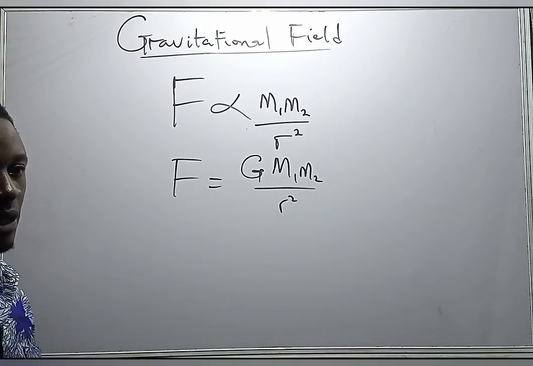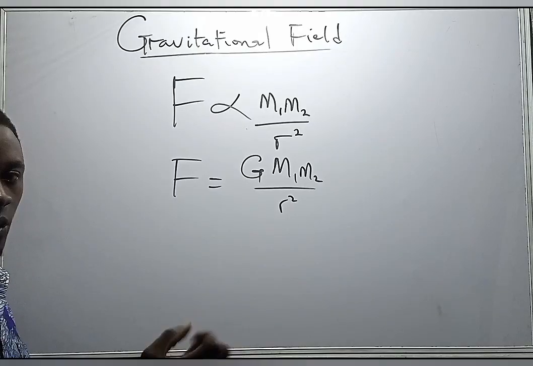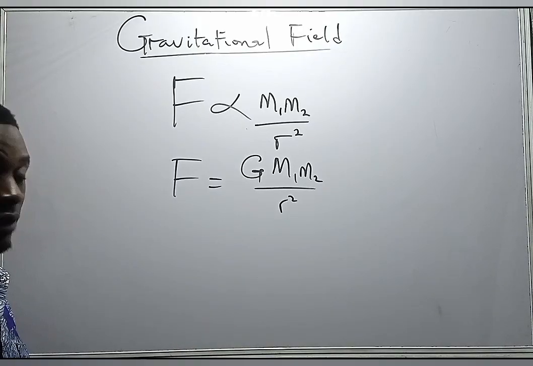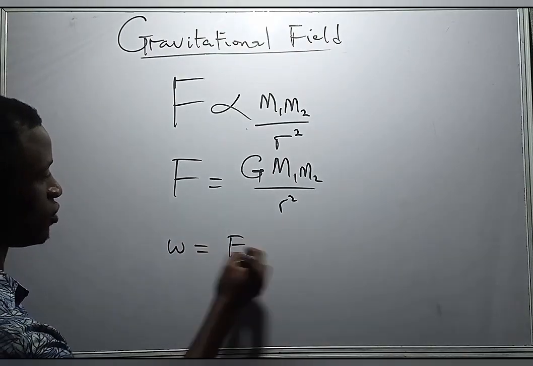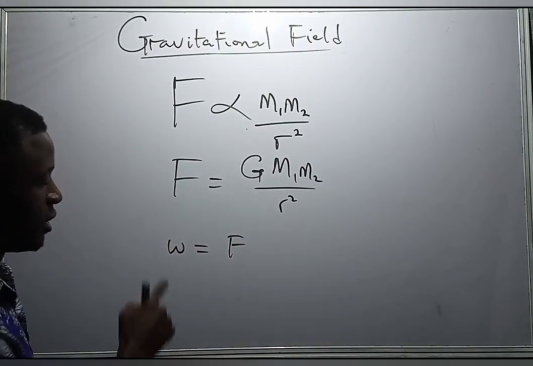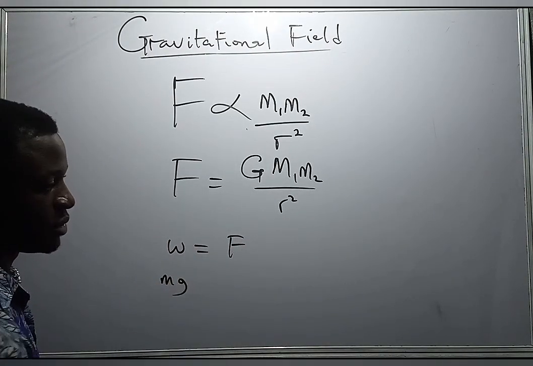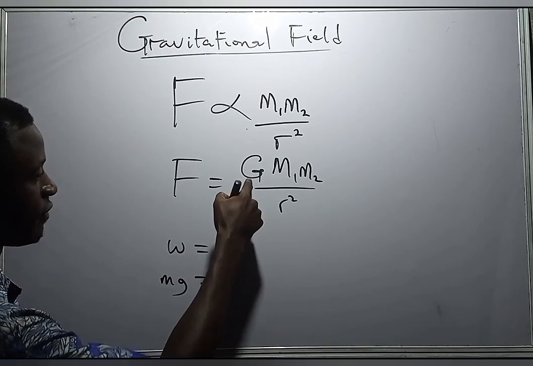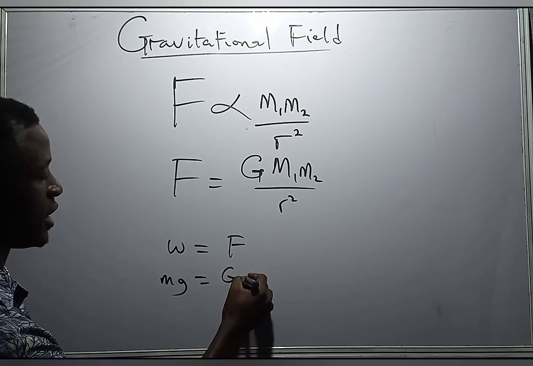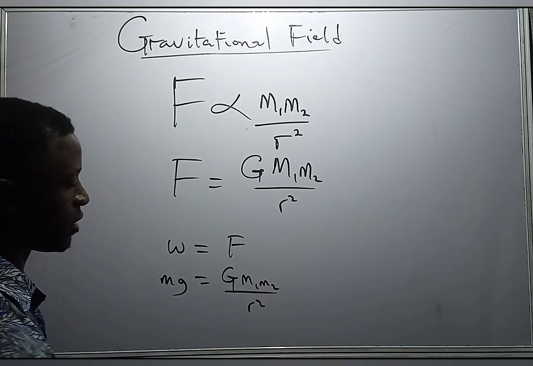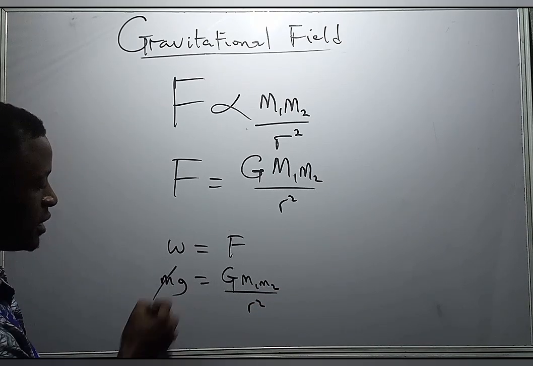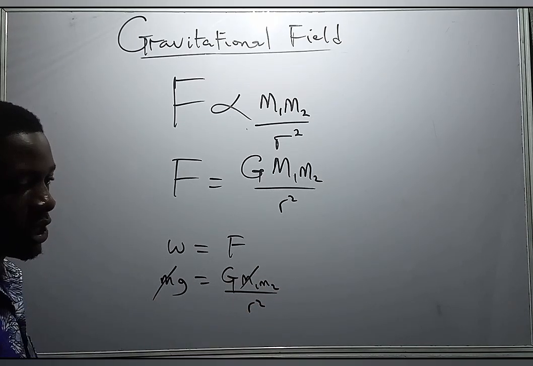Like I said the other time, the weight of any object is the gravitational pull on it. So it means that weight is actually equal to this gravitational pull. But we know that weight is equal to mg, and F, the gravitational pull, is G M1 M2 over R squared. So this m will cancel the other m.